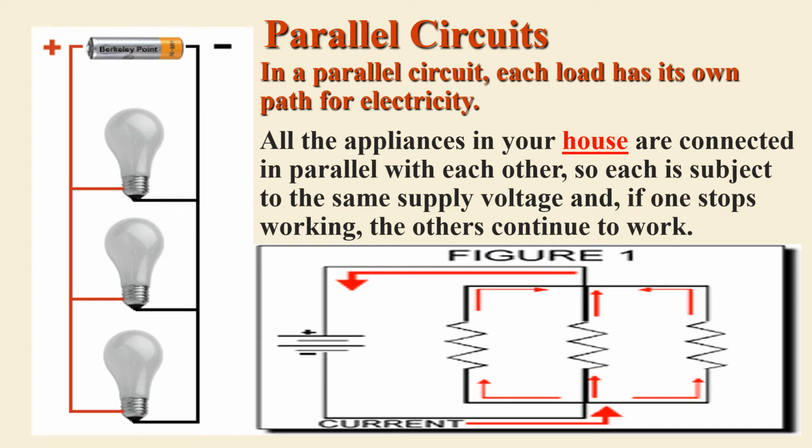In a parallel circuit, each load has its own path for electricity. All the appliances in your house are connected in parallel with each other. So each is subject to the same supply of voltage, and if one stops working, the others continue to work.